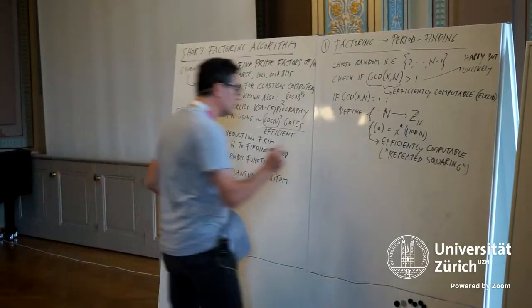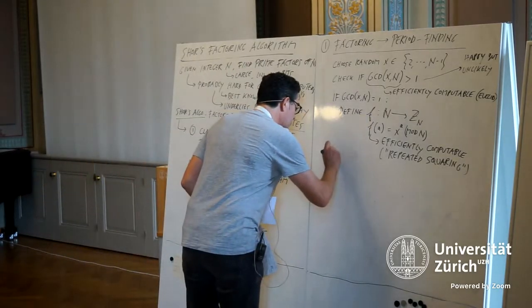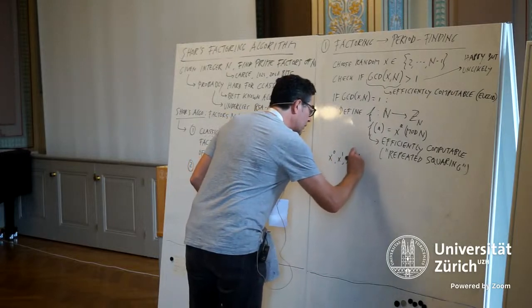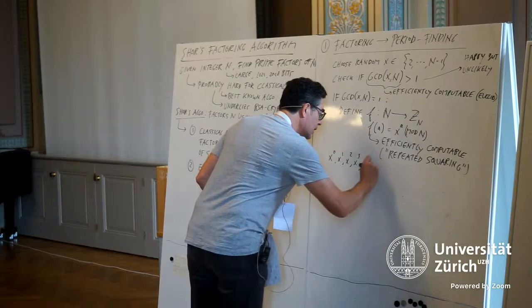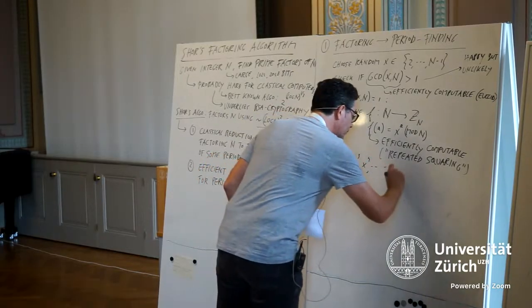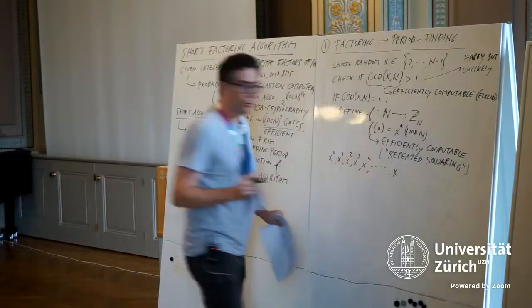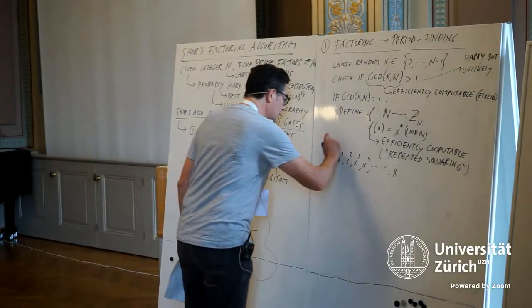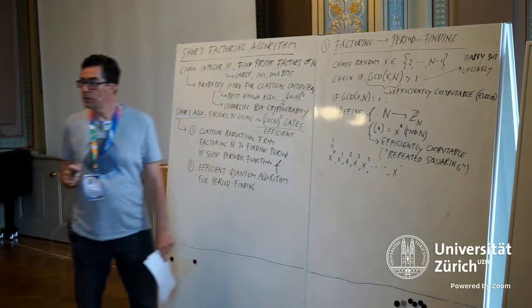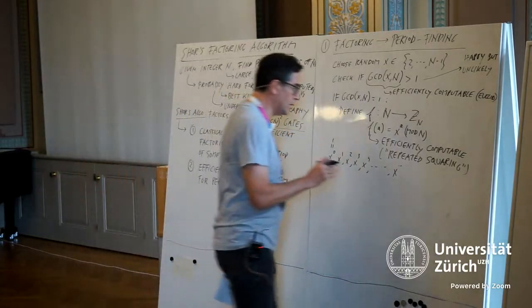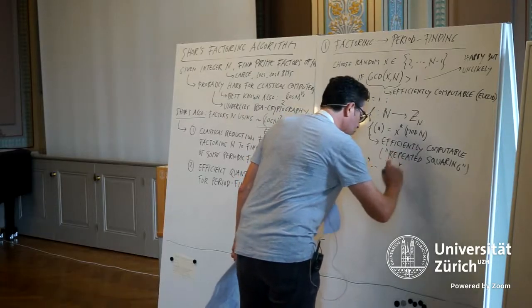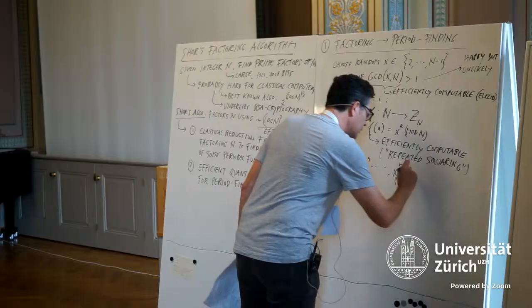But the sequence x to the 0, x to the 1, x to the 2, x to the 3, x to the 4, etc., is going to cycle. The first number in the sequence is 1, even modulo N, and this is going to return to 1 at some point. This is a cyclic sequence.